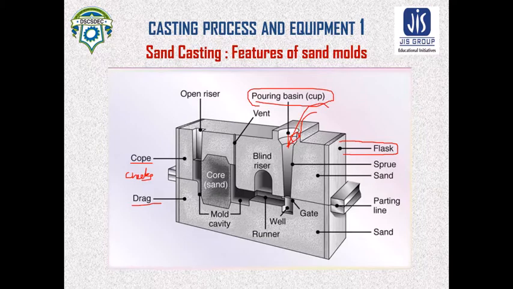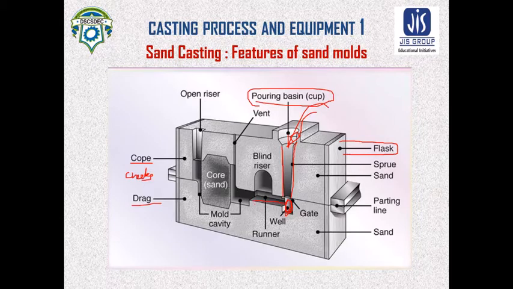After the pouring basin, there is one tapered section, the sprue, which we studied in the last lecture, and at the end of the sprue there is the sprue base well. What is the sprue base well? The sprue base well is used to eliminate the slags.